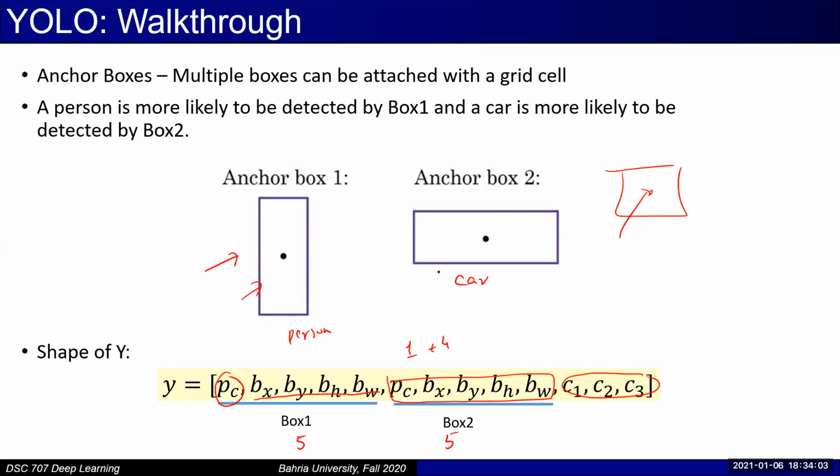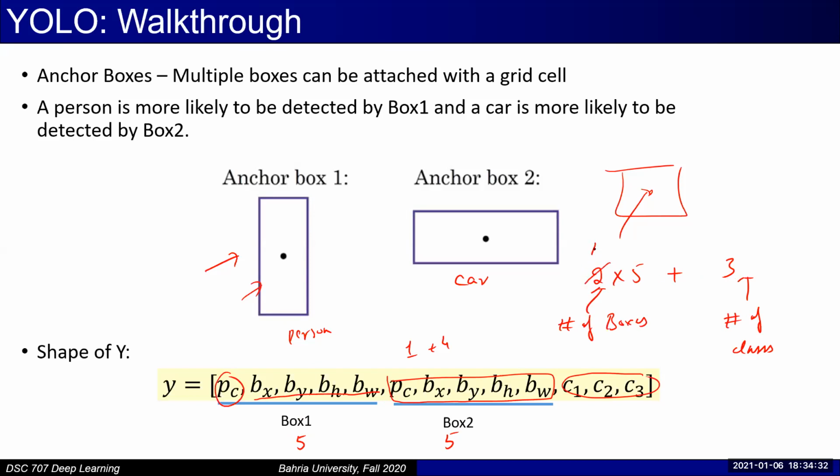If there are 2 anchor boxes, I have 2 into 5 plus 3. This 2 is the number of boxes, and this 3 is the number of classes. If I generalize it, instead of 2 I can have B bounding boxes, and instead of 3 I can have C classes.